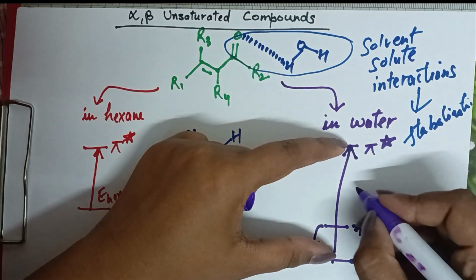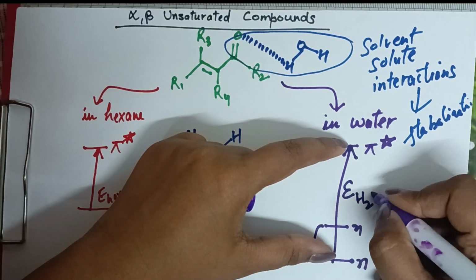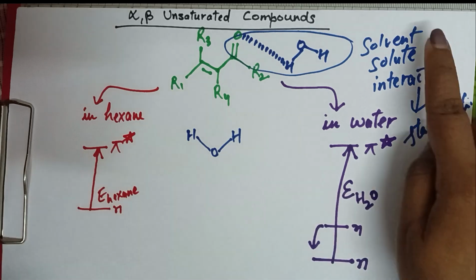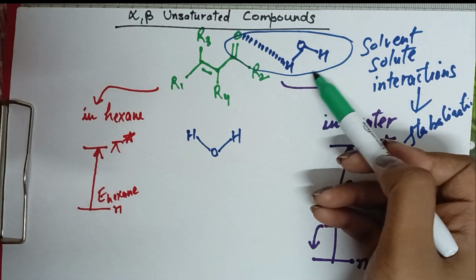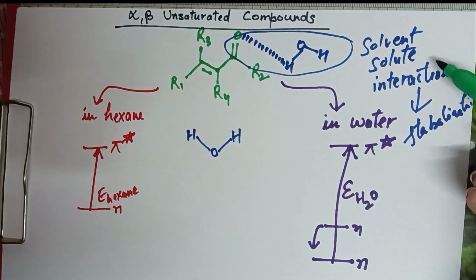So this will be the energy gap in case of water as a solvent, right? I hope this part is clear. We have solvent solute interactions in case of water as a solvent when we have alpha beta unsaturated compounds. So these solvent solute interactions lead to stabilization.